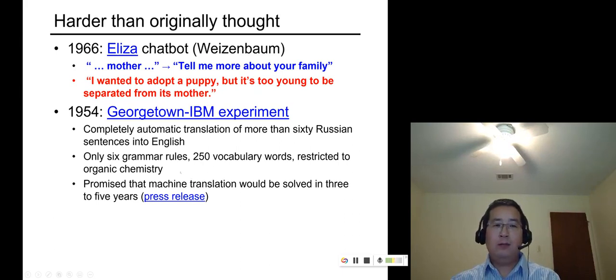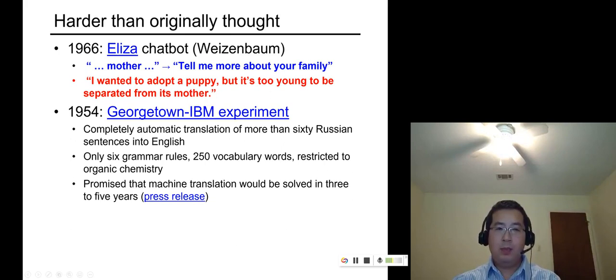But they only had 6 grammar rules and limited vocabulary, restricted to organic chemistry. It's only a chemistry topic. So this translation is not general: only chemistry, only 6 grammar rules, and only 250 words.